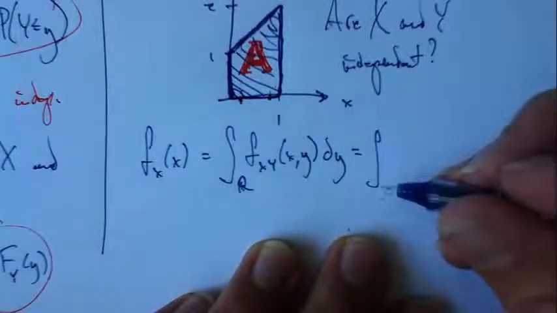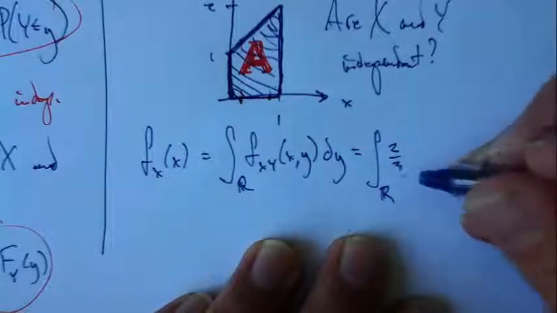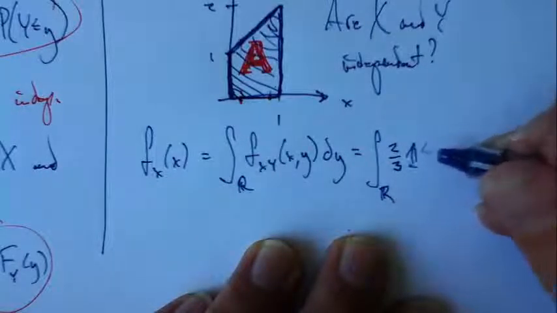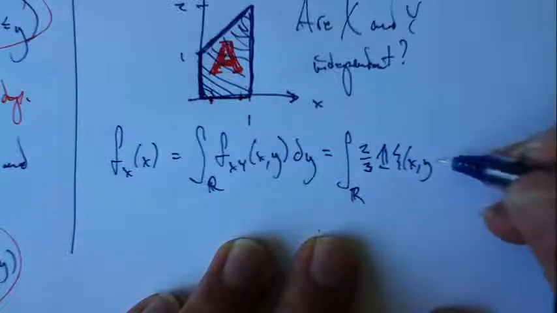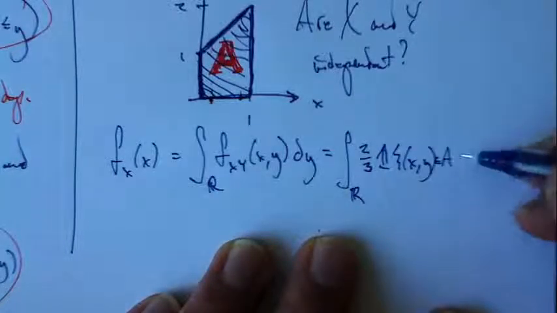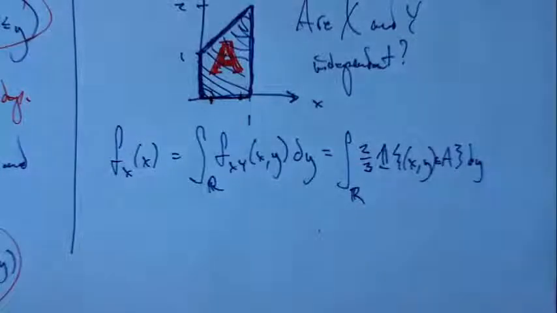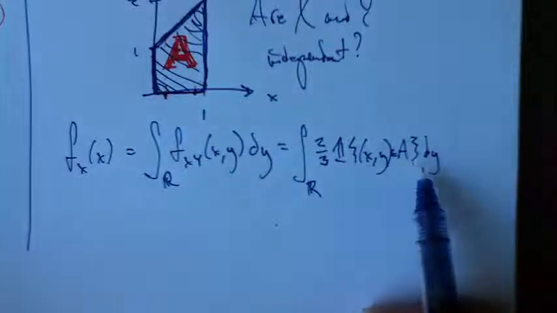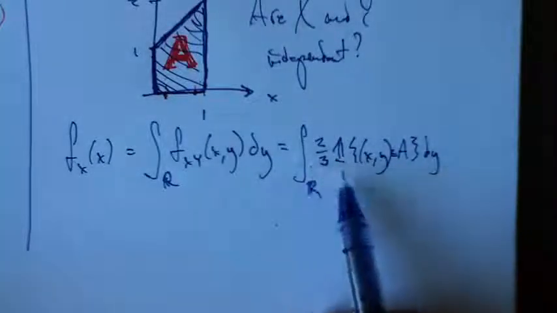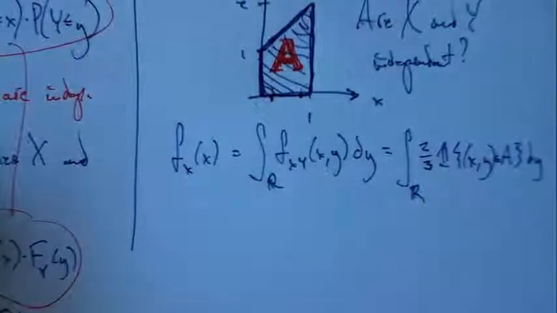So this is the integral over the reals of 2/3 times the indicator that (x, y) is in a region called A, dy. I'm going to integrate out the y. I'm going to be left with a function of x, which is exactly what I need.